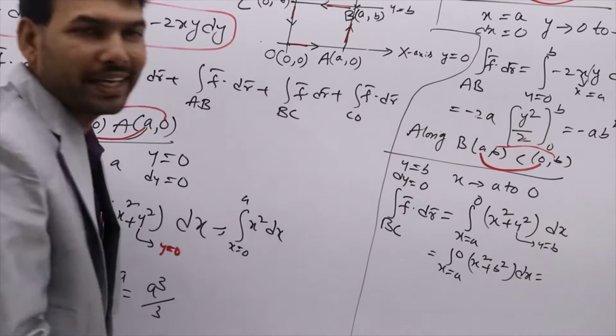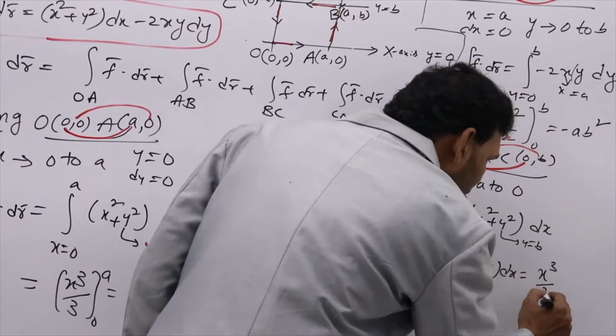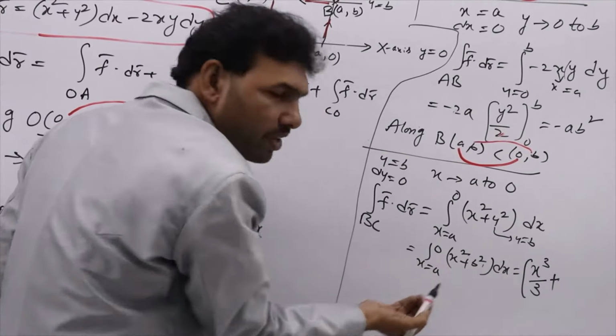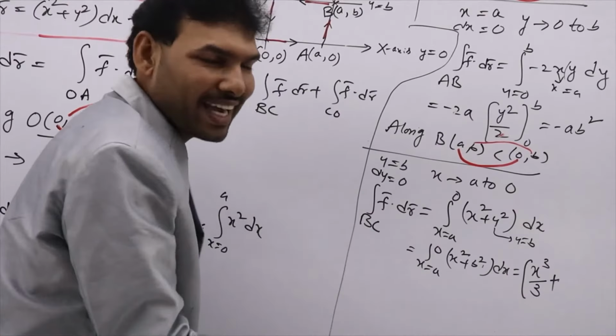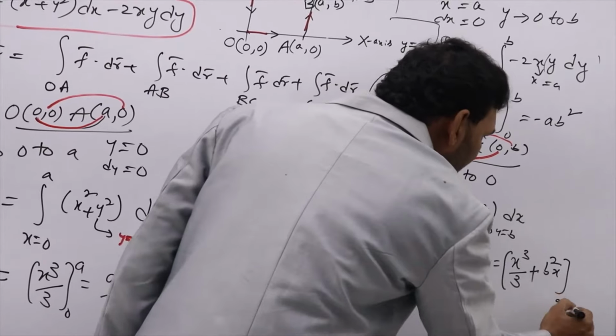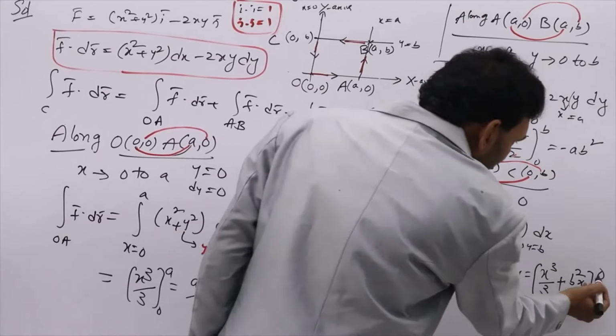integral x equal to A to 0, x square plus b square dx. Now integrate. Integral x square is x cube by 3 plus, here you don't have an extra x, that means you have 1. Integral 1 dx is x, so b square x, limits A to 0. Now we need to substitute limits.